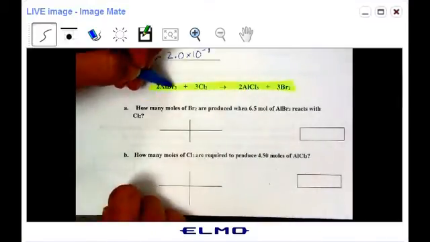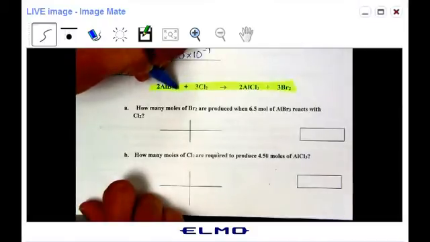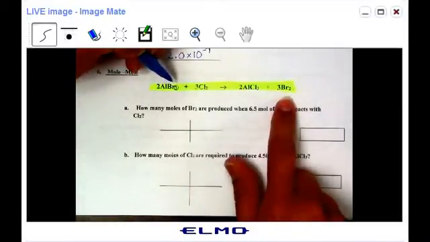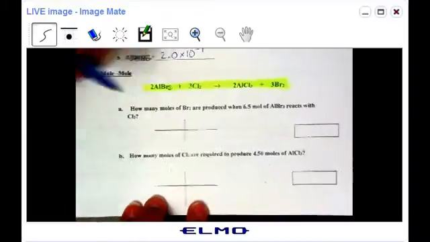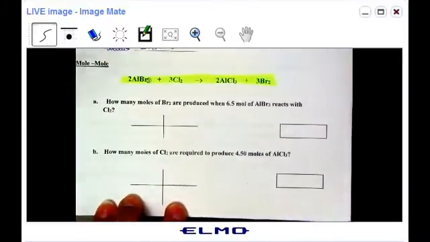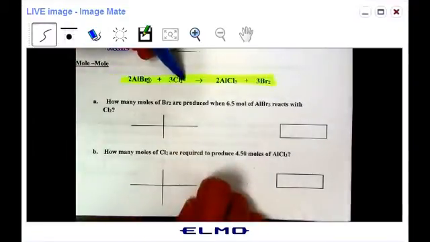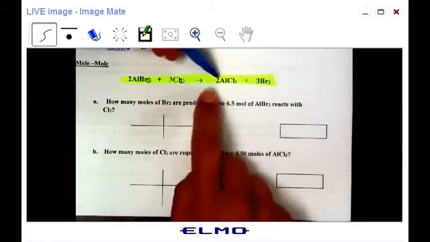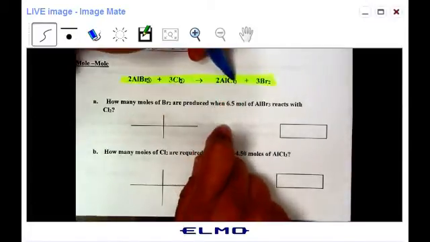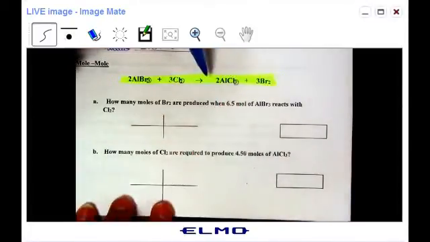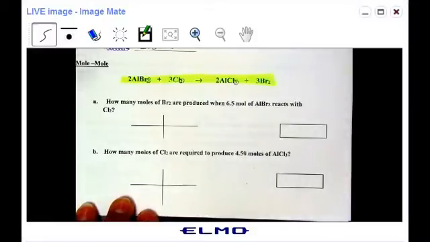I have 6 Brs, because it has a little 3, and I have 6 Brs here as well. And I have 6 Cls because of the little subscript here, and I have 6 Cls here as well. So after we know it's already balanced, we can begin the equation.